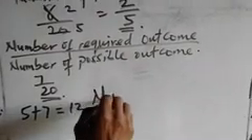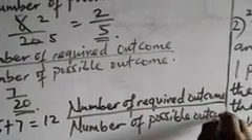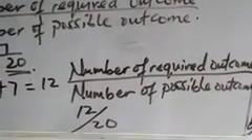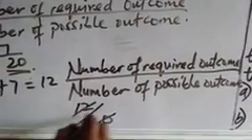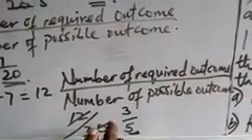So number of required outcome over number of possible outcome. Number of required outcome here is 12 over possible outcome is 20. We reduce this to the lowest term. 4 in 12 will give us 3. 4 in 20 will give us 5. So our answer here is 3 over 5.